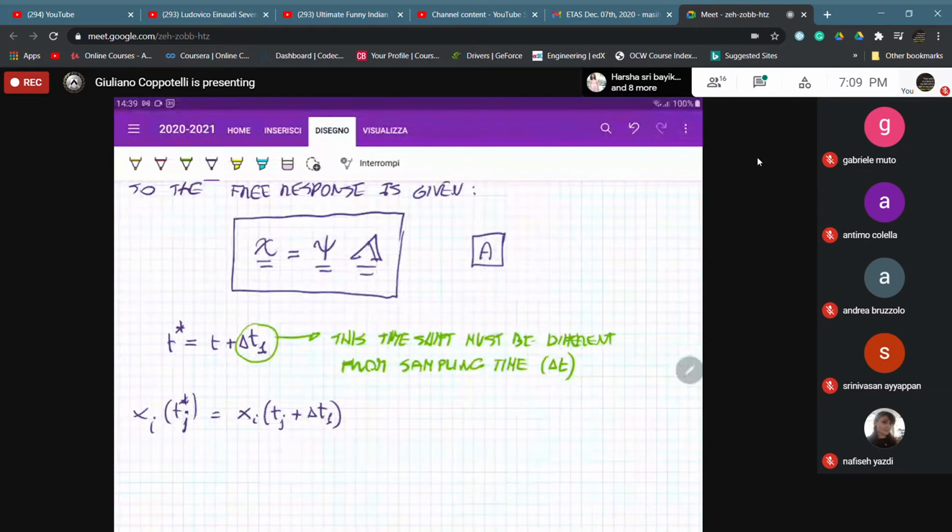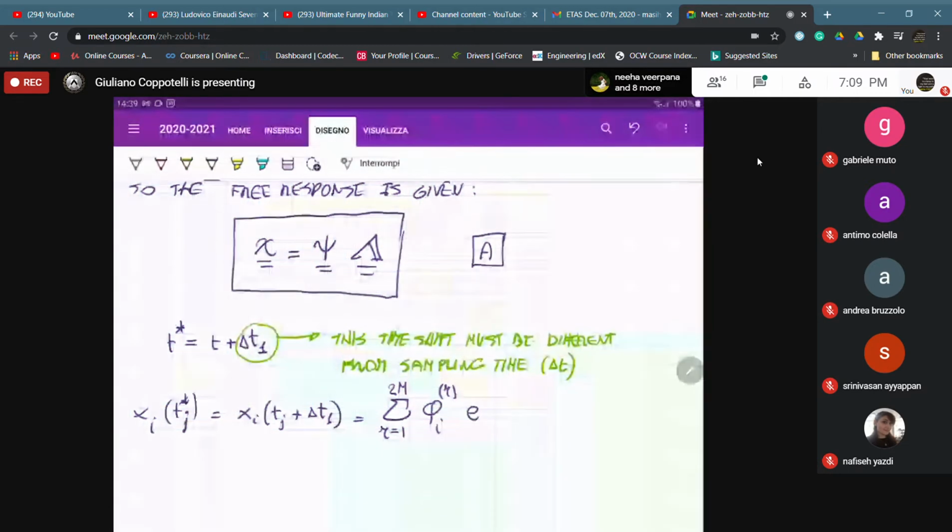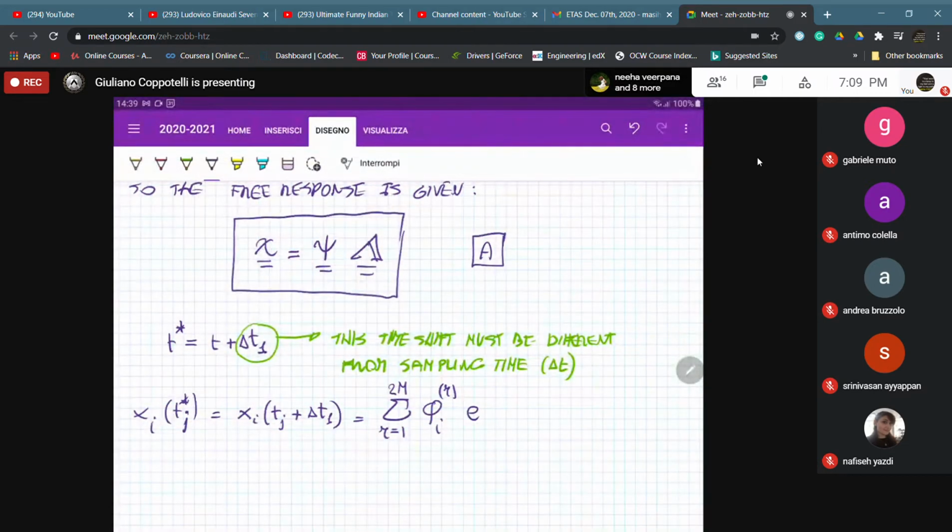And therefore, by introducing the modal representation, that is the link between the responses and the model parameters, that is equal to the summation over r from 1 to 2m of phi_i^r, that are the same, times e^(lambda_r (t_j plus delta t1)).